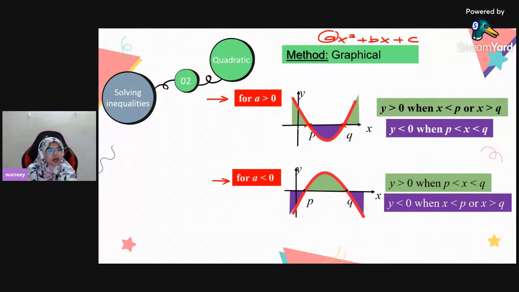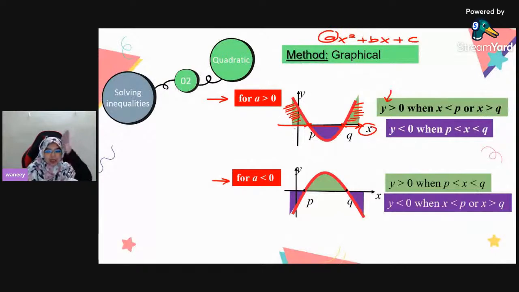Okay, so now see the x-axis. Which region is above the x-axis? It will be one on the left hand side and one on the right hand side. So that is for y greater than 0 whenever x is less than p or x greater than q.